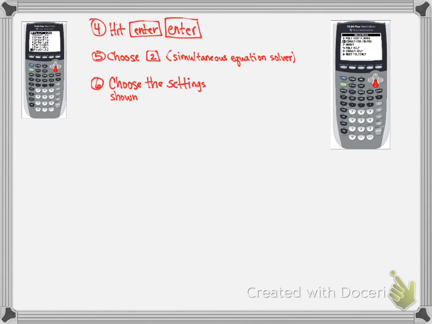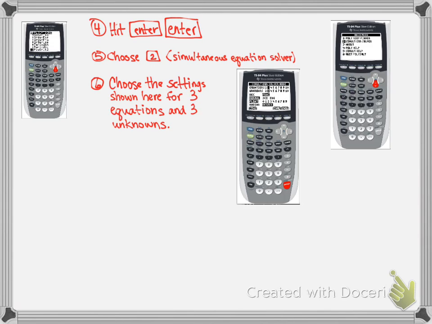Then choose the settings shown here for 3 equations and 3 unknowns. So equations 3, unknowns 3. I'm going to leave it as fractions, but you could also have decimals. Everything else should be normal, float. Now I actually don't care whether it's radian or degree.